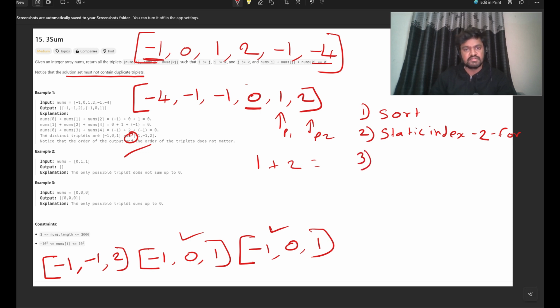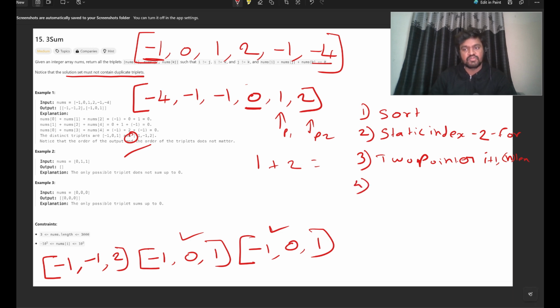And third, we need to define two pointers. One pointer, P1, is going to have I plus 1, where I means the static index. And P2 is going to have the last index, which is n's length minus one.